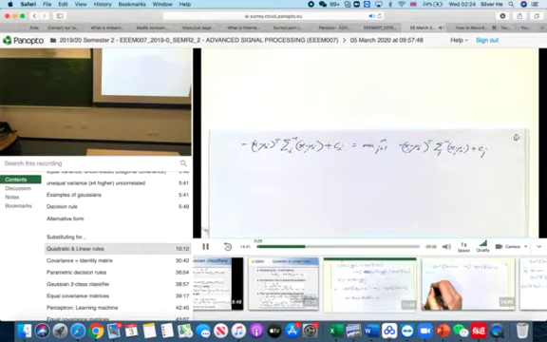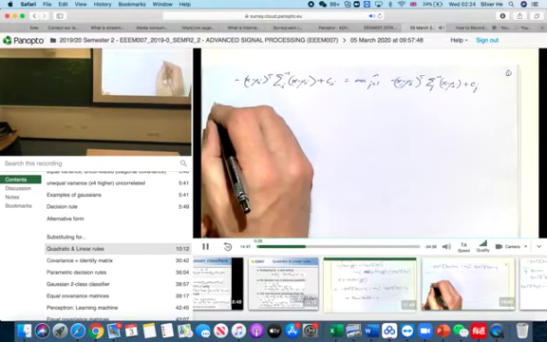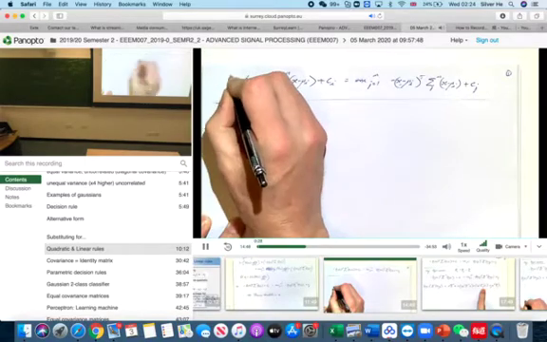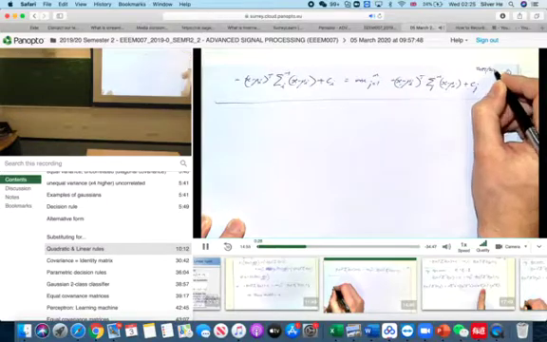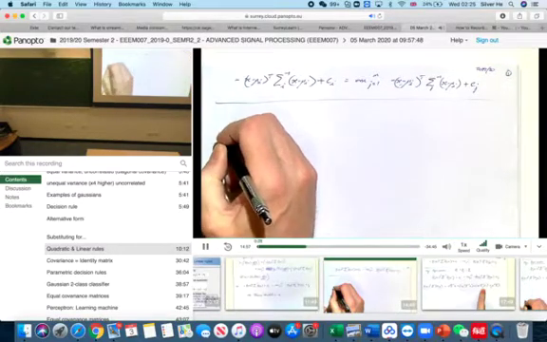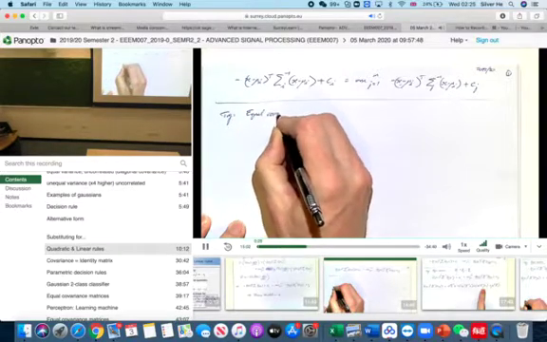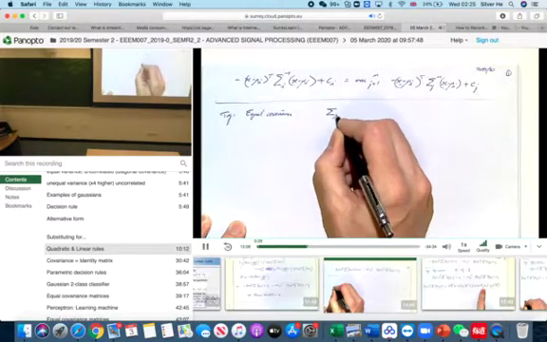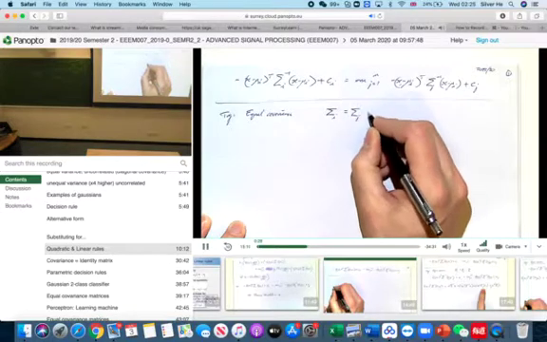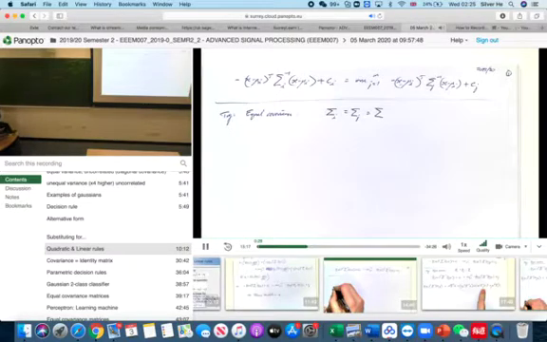So let's try a couple of things to see what we might get. Let's try equal covariance. Let's suppose that sigma I is equal to sigma j, and we'll just call that sigma. So let's see what happens when we substitute into here.